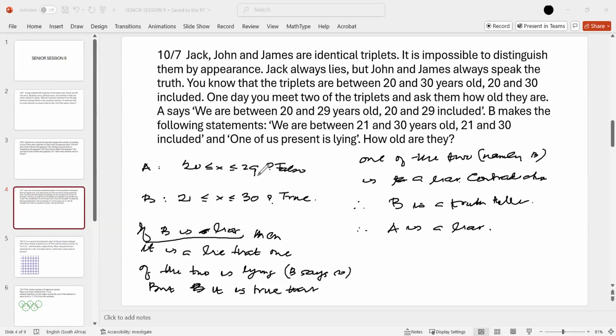So the falsity of this means that X is greater than or equal to 30, or X is less than or equal to 29. You can see it clearly on the number line. You put 20 and you put 29, and X is all over here. Maybe this. So if X is not here, then it's either here or there. You see? That is what we are saying.